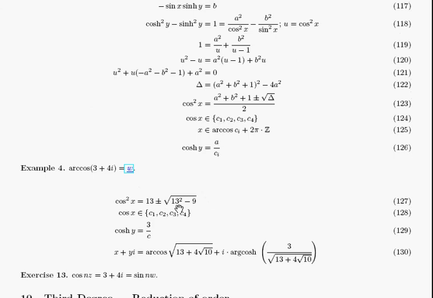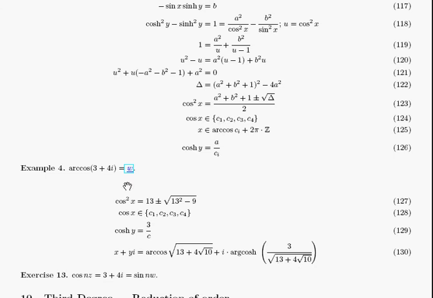So we take 4 out, divide by 2, 13. 13 squared, 169, 164, square root of 160. Square root of 13 plus etc. And x plus yi is the arc cosine, 4 numbers, plus i arc cosine hyperbolic of 3 over the same thing.